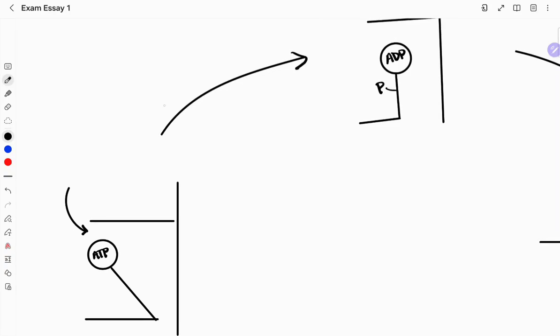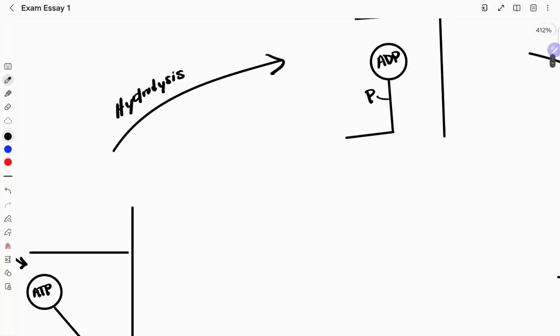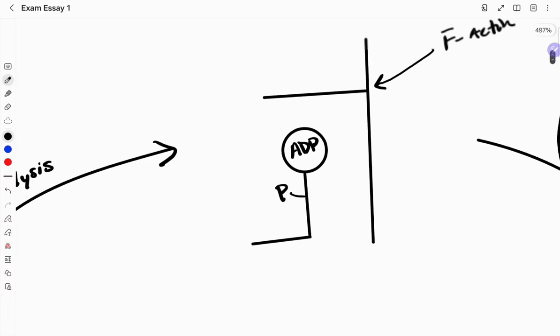And when that myosin is released, we have hydrolysis, where we're going to lyse or remove a phosphate from the ATP and end up here with ADP and phosphate.